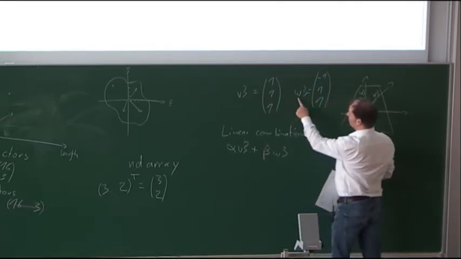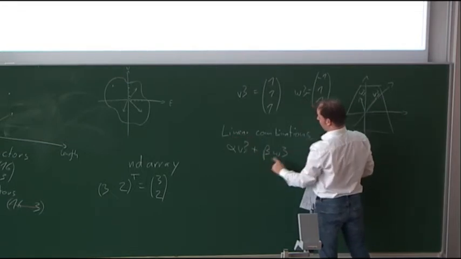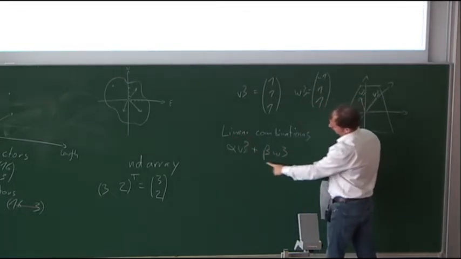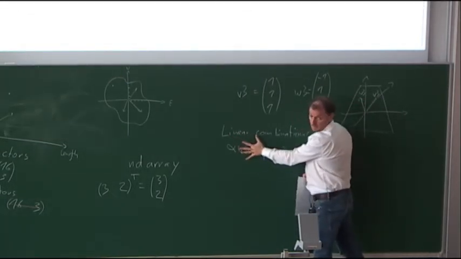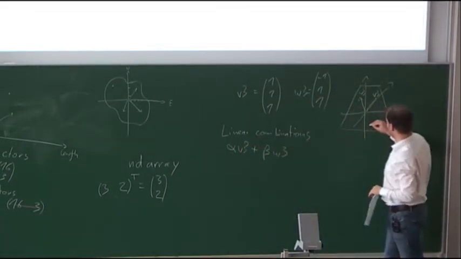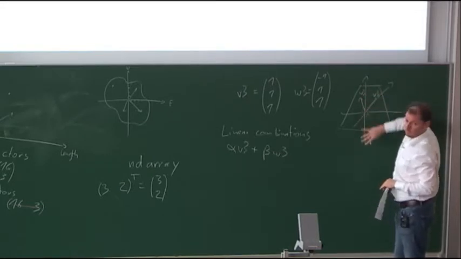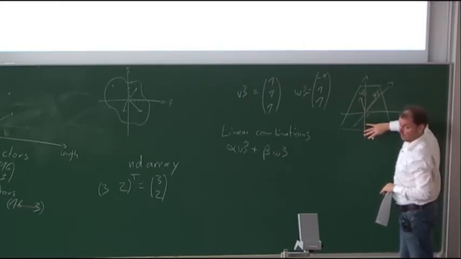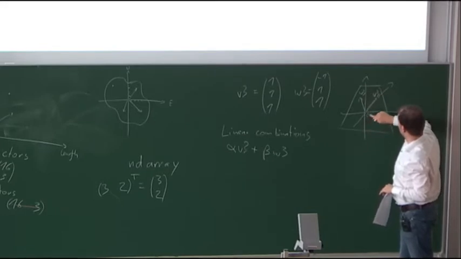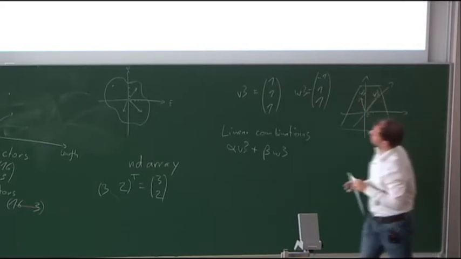It will also go through W3, because if I take alpha to be 0 and beta to be 1, it goes to W3. And if both alpha and beta are 0, then the result will be 0. So this plane, which we call a subspace of R3, goes through V3, W3, and 0.